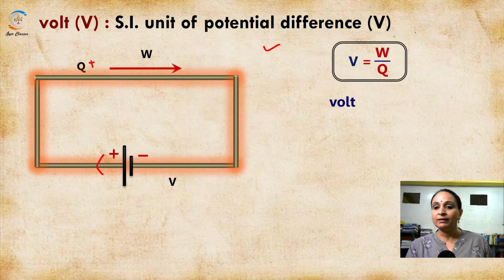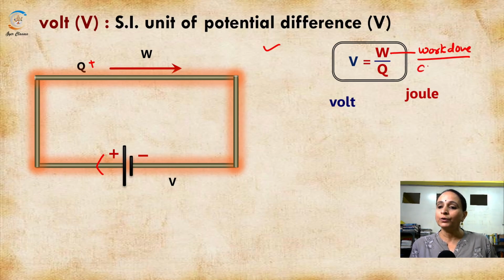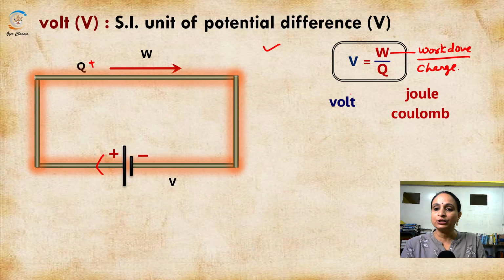And what does W mean? W means the work done. And what about Q? Q is called the charge, right? The unit of the potential difference is volt, and the unit of work done is joule.